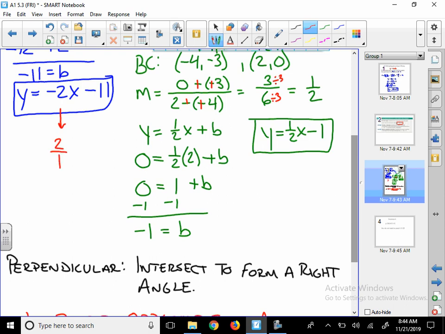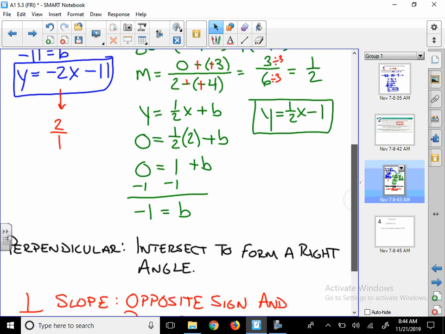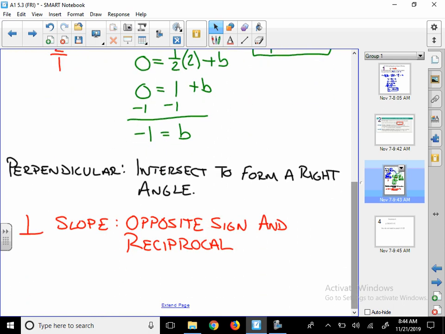If I flip that, I get 1/2. So that's all there is to finding perpendicular slopes. So hopefully it's not too terrible for you guys. And we will talk about more perpendicular slopes next time I see you guys.